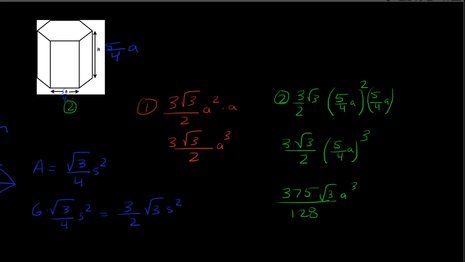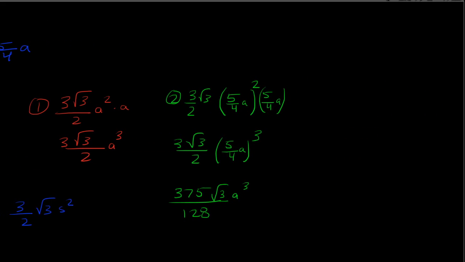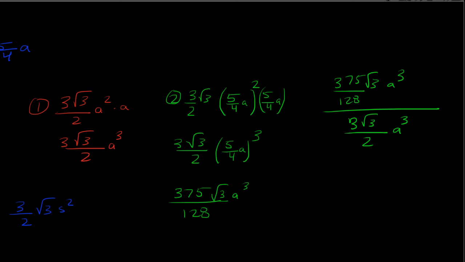Okay, so now we want to look at the ratio. So I'm going to divide these two. I'm going to put the top one, the big one on the top and the smaller one on the bottom. Okay, let's see. The A cubes are going to cancel. So is the √3.